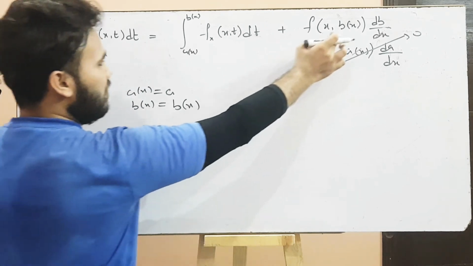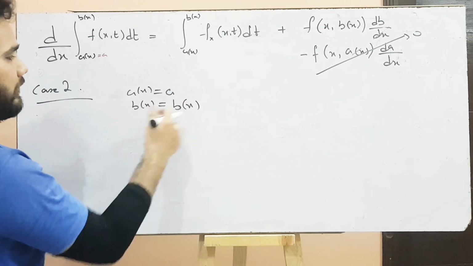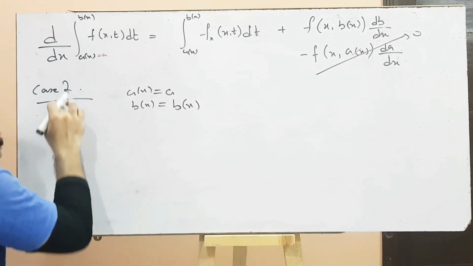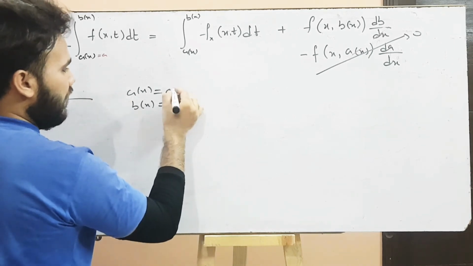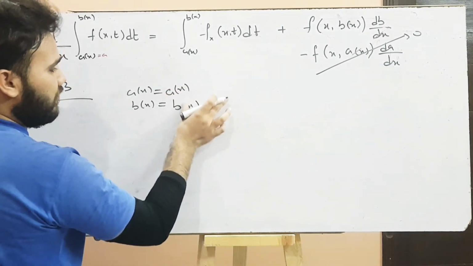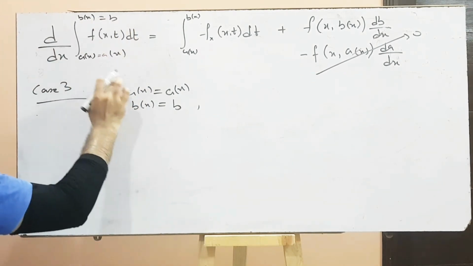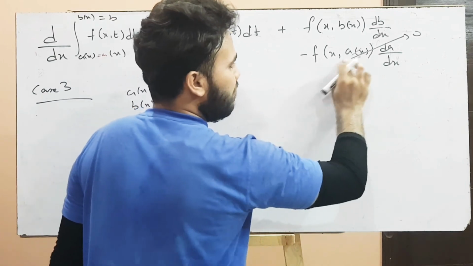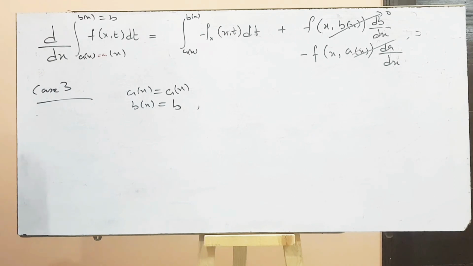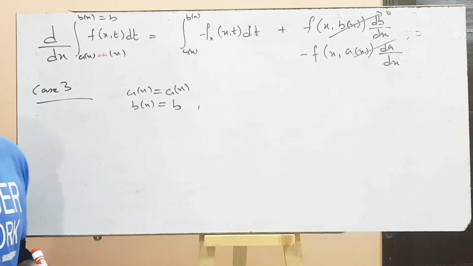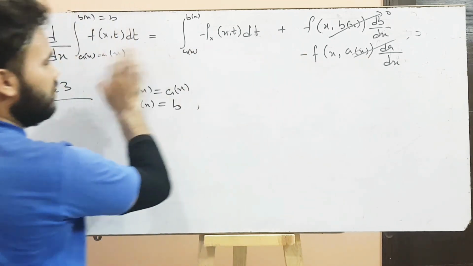The remaining part will be this one. And the last case, case number 3: if a is a function and b is just constant, then this term will be 0 because of the derivative of b, and the remaining part of the rule is just this one.